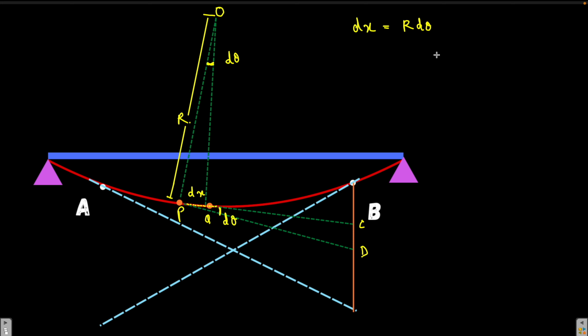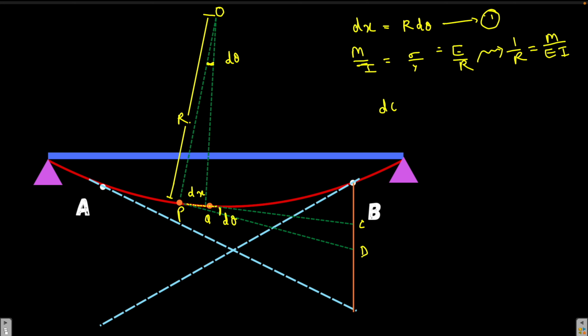And from the flexure equation, that is M by I is equal to sigma by y is equal to E by R. This is the flexure equation. From this equation, we know that 1 by R is equal to M by EI. Am I right? Now, I'll rearrange the first equation, equation number 1, and write it as d theta is equal to 1 by R dx.